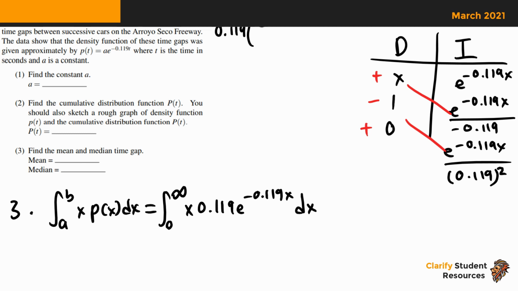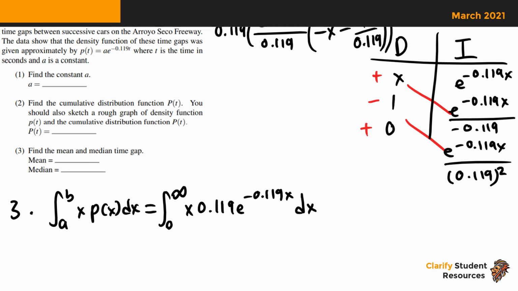0.119x. This is over 0.119, and then I'm going to multiply by x. And then there's actually going to be a negative sign, a negative x. And then this term is going to be minus, but remember that I'm subtracting, so it's going to be minus 1 over 0.119.